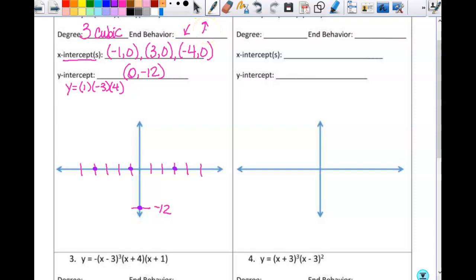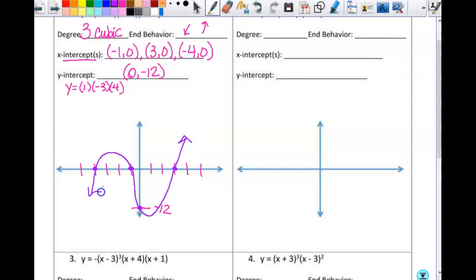So if this is my first intercept, and you don't get to cross through the x-axis if you didn't make a point there. All right, so you don't get to come back through for just some weird reason. So I know I have to start down, comes up. I'm going to go down through there, down through my, oops, sorry, I'm trying to do it off to the side and come down through here and then back up that way.